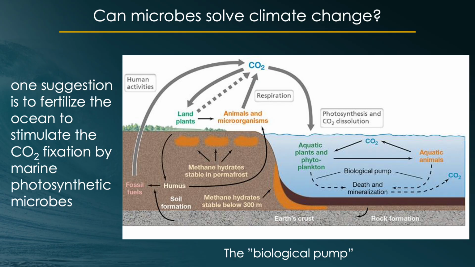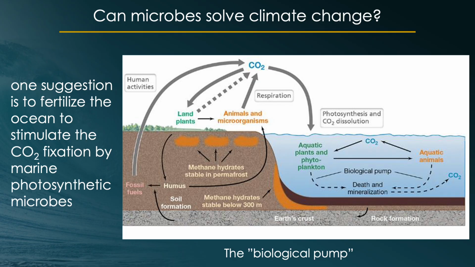That can also happen in terms of shells or whatever aspect of their bodies. And then when those organisms die, they can sink to the bottom, and they might be partially processed by bacteria or whatever on the way down. But to the extent that those organisms sink to the bottom, that takes those carbon atoms and puts them on the seafloor, and then over long geological timescales they get recycled.